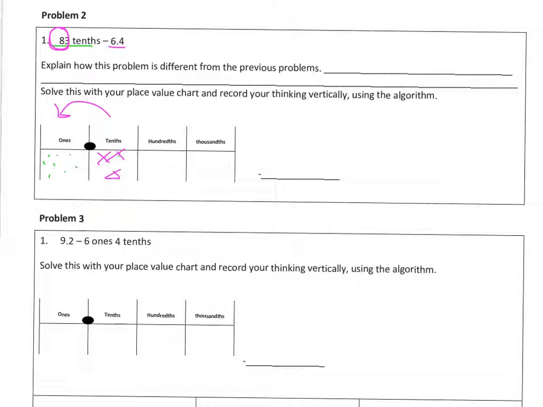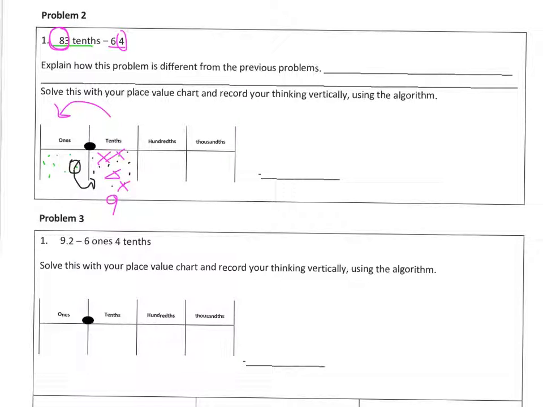So here's what I'm going to do. I'm going to take one of these ones, and I'm going to move it back over, and that's going to give me 10 new tenths to play with. So I already took away 3, and I need to take away 4, so now I'm taking away 1 more. So there are 9 tenths left here.